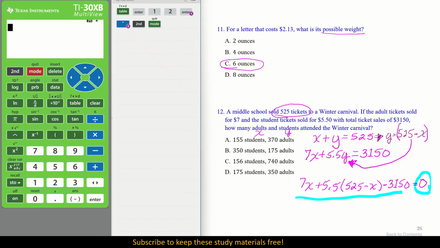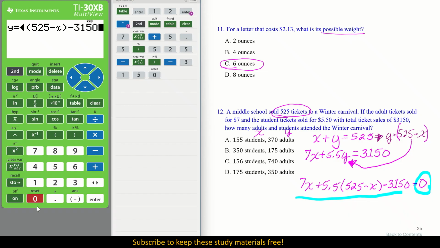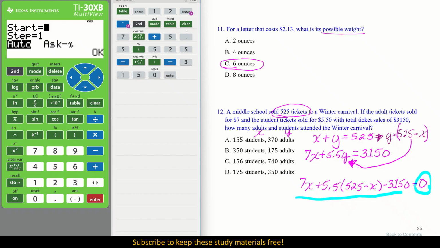So let's do all that. Okay, second mode to pop out, clear the whole thing, and enter 7x plus 5.5 in parentheses 525 minus the x, close the parentheses, subtract 3150. Okay, now this should get us what we need. Let's push enter.